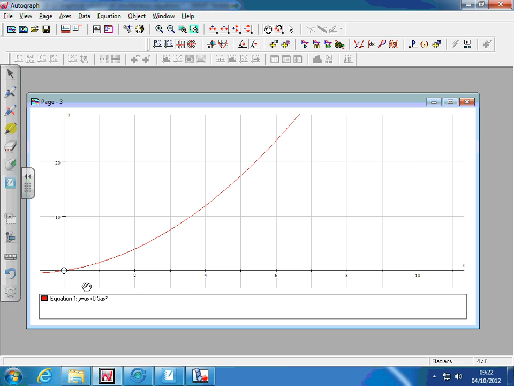So remember what we're plotting. We're plotting x, which is time, against displacement. What Autograph has done, though, is it's assigned values to u and a, because remember, u and a are constant.